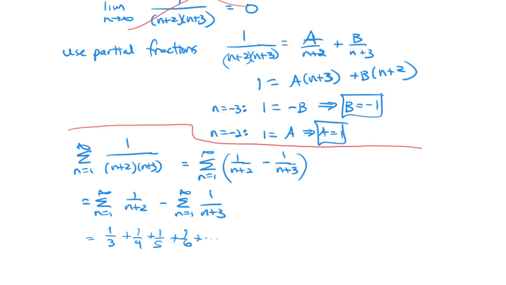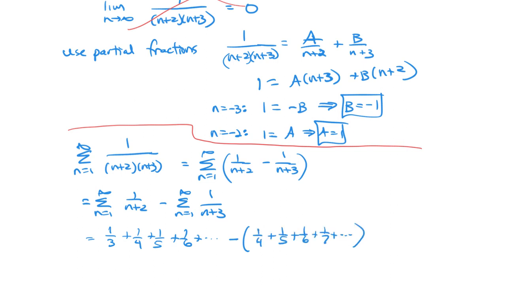Then I'm going to subtract this one here. I plug in a 1, so I'll get 1/4, then a 2, which would be 1/5, and a 3 would be 1/6. So I start off with 1/4 plus 1/5 plus 1/6 plus 1/7, and they keep on going.